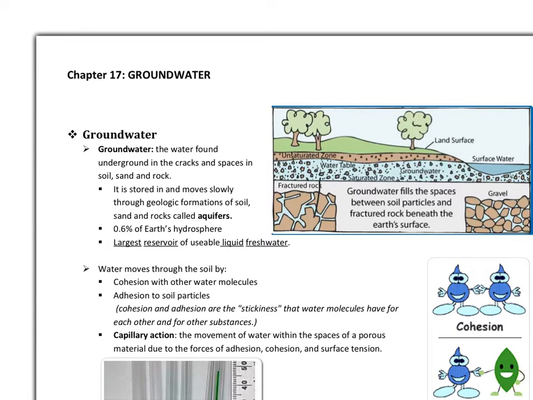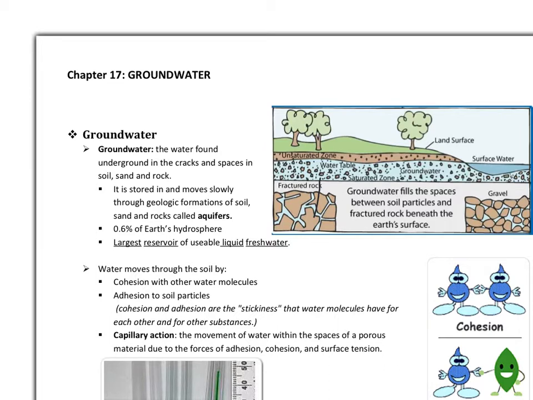So depending on the different composition of the soil, you will have different levels of water that are able to not only make it into the soil, but also then collect. So different soils will have different water levels, but also different rock types will affect what type of water level you have in there. So we're going to get into a little bit of that as we do the chapter.